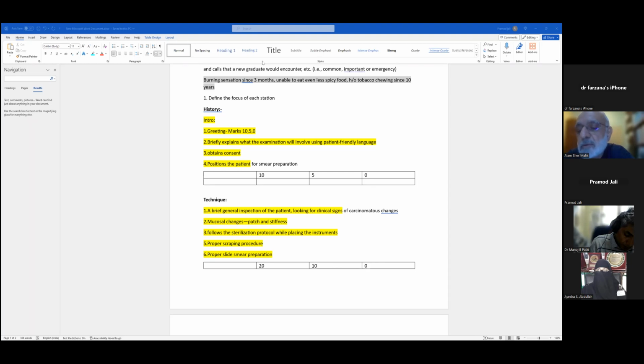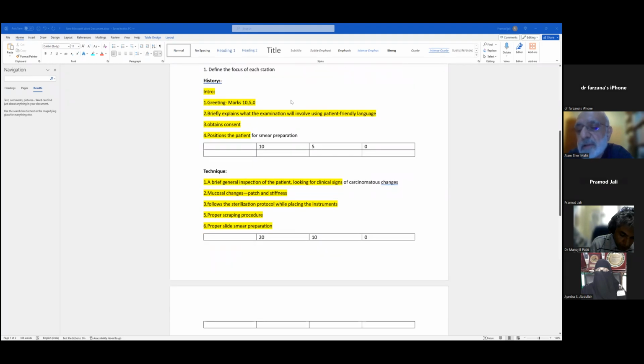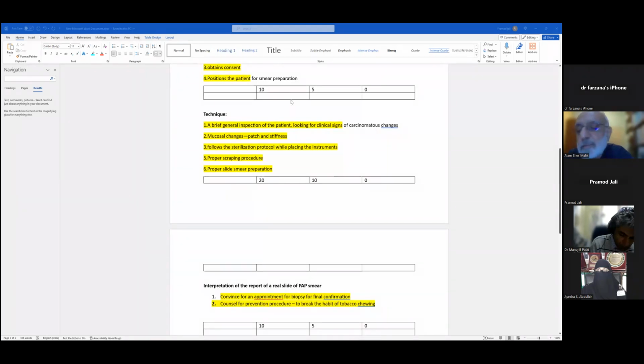Otherwise, you are having one long case in OBG, one in pediatrics, one in medicine, one in surgery, and you are dividing them into multiple stations. So in a way, you are going back to your old tradition of the long case, but this time it is very much structured and objective. So it's basically a better way of doing the long case.